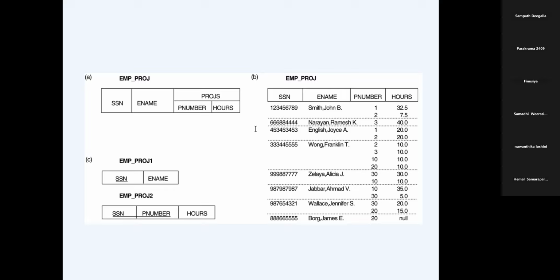So how do you separate? Employee social security number and the name, we can separate from project numbers. And then you can combine both the project number and social security number together, so that you have access to the same information.